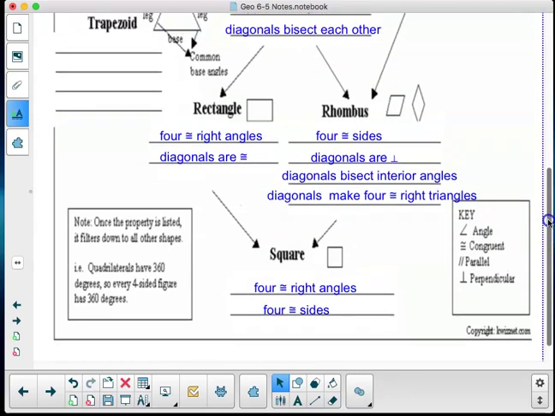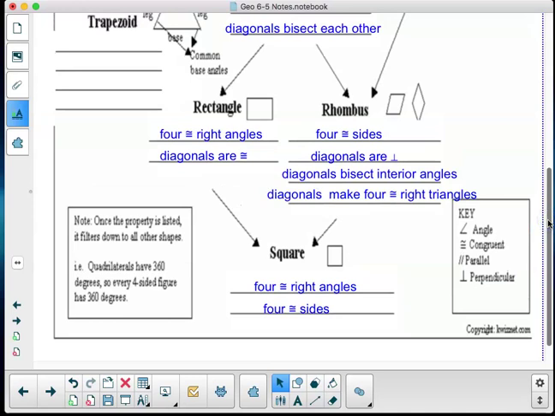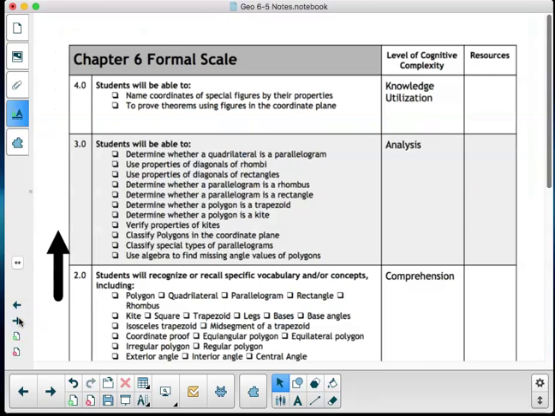Okay, so make sure you know that the properties of rectangle, 4 congruent right angles and diagonals are congruent, and for a rhombus, 4 congruent sides, diagonals are perpendicular, diagonals are bisecting interior angles, and diagonals make 4 congruent right triangles. So keeping that in mind as we go through this, you've got to be aware what the properties are. Now, again, after you get those down, go to this last page and check off what you know.